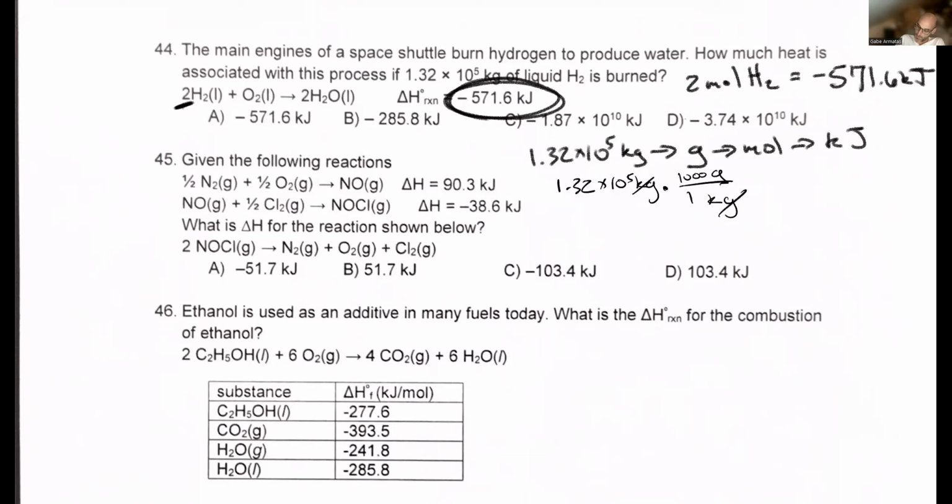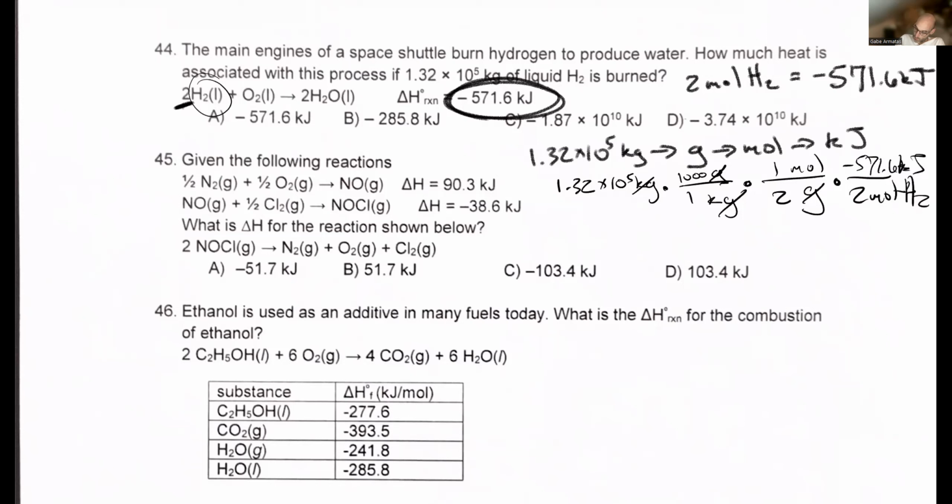Kilograms cancels. So we're in grams of hydrogen right now. Next up, I want grams of hydrogen to go away. I want moles of hydrogen to remain. 1 mole of hydrogen is worth about 2 grams, right? Look at your periodic table. Grams go away because it is H2. And then finally, we do have the conversion for every 2 moles of H2 is equivalent to negative 571.6 kilojoules.